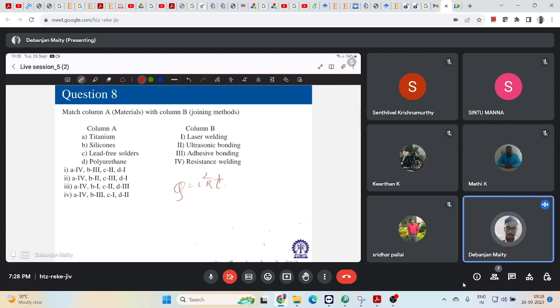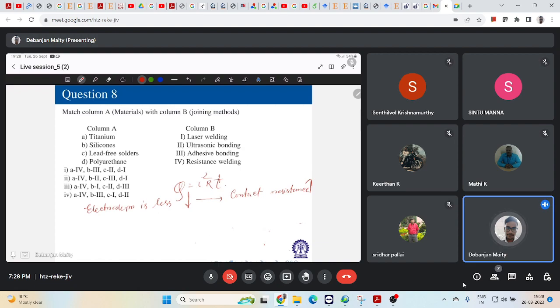Now, what is the difference from the macro scale? Here the electrode pressure is much lower in micro welding, of course, and the much lower electrode pressure results in higher contact resistance. So if your electrode pressure is less, contact resistance will be higher. You agree, right?